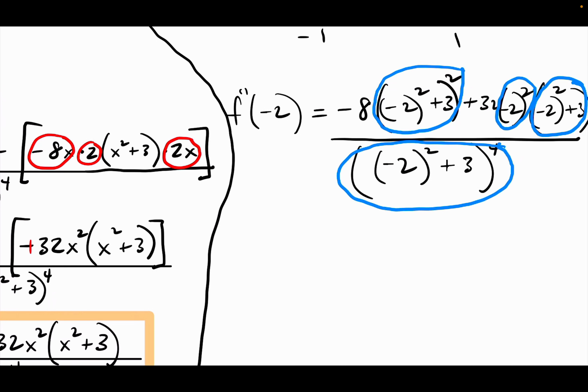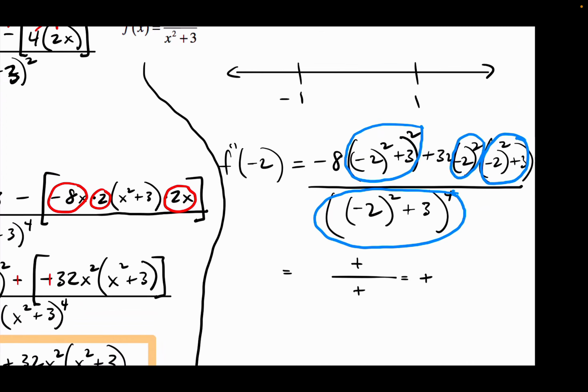So really, it's negative 8 times a positive, which makes a negative number, and then a bigger positive times 32. So is the top going to be positive or negative? It's going to be positive. The top is going to be positive. And then the bottom, well, it's always going to be positive down there.